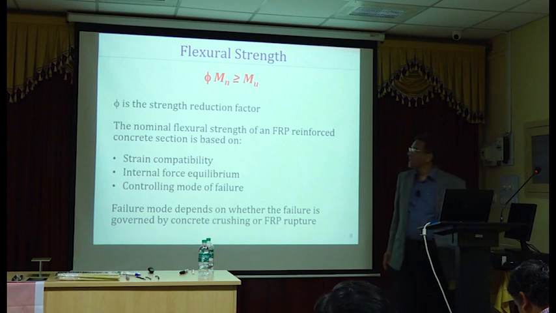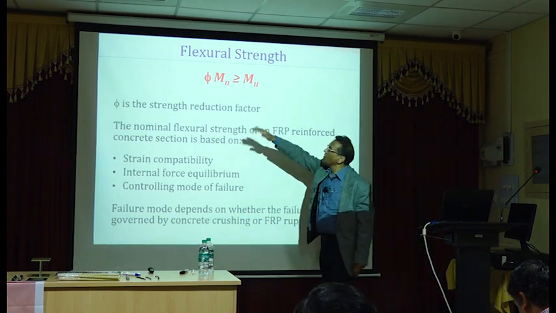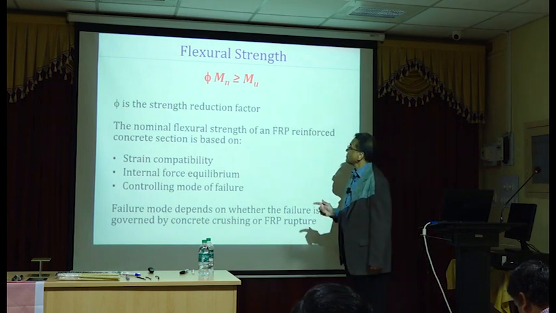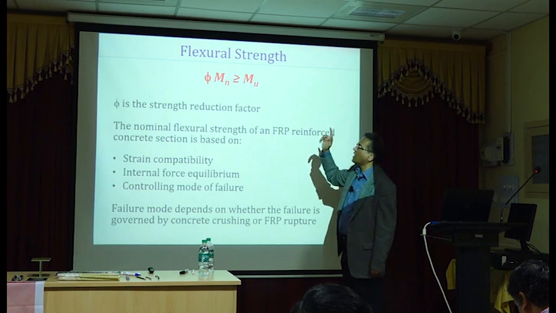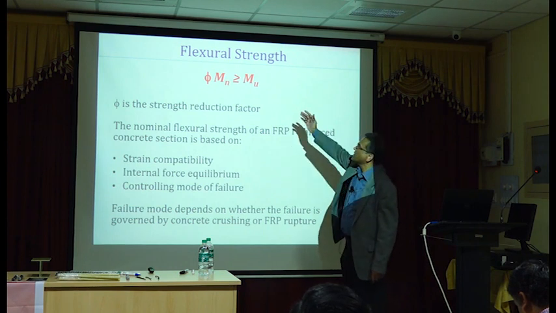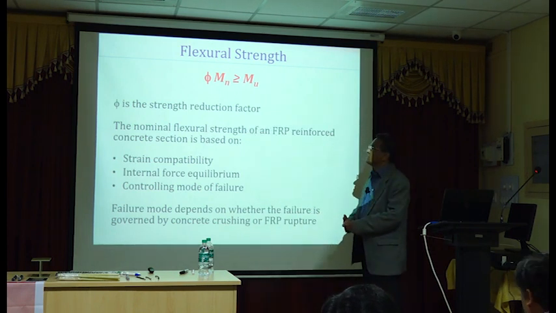So in any case, phi Mn should be greater than Mu. Phi Mn is the design moment strength. Mu is the required strength or the factored load effect. So this is a basic requirement. We will satisfy this in all our designs.